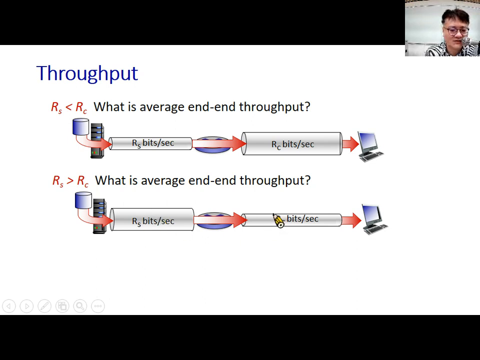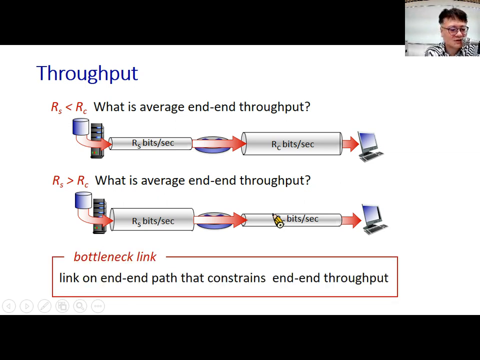What do we mean by the end-to-end average throughput? The link on the end-to-end path constrains the end-to-end throughput, right?